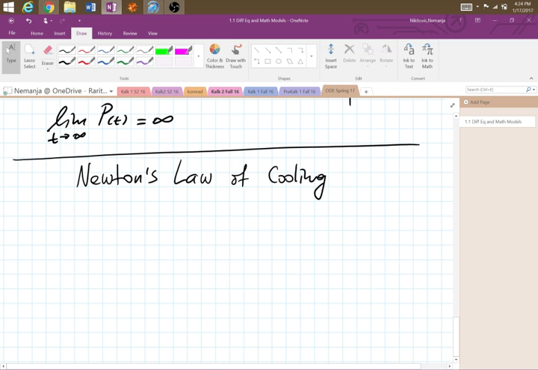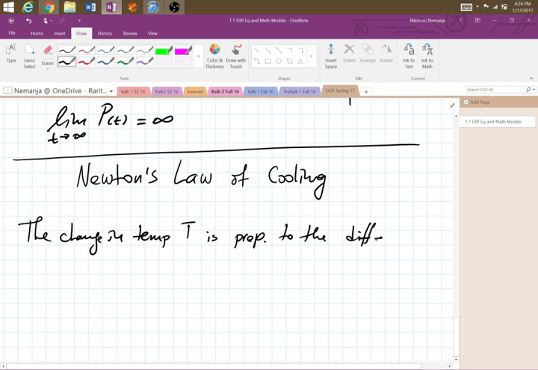So the change in temperature is proportional to the difference between temperature and environment.